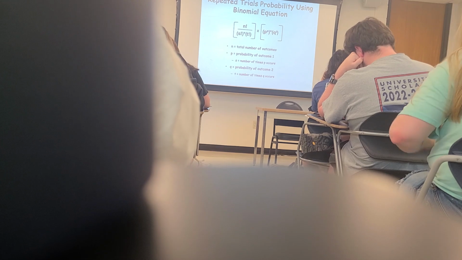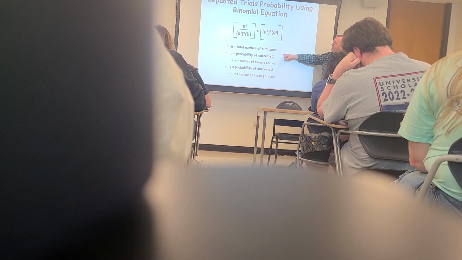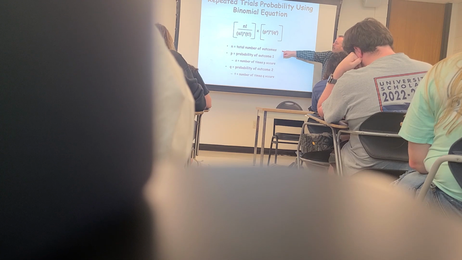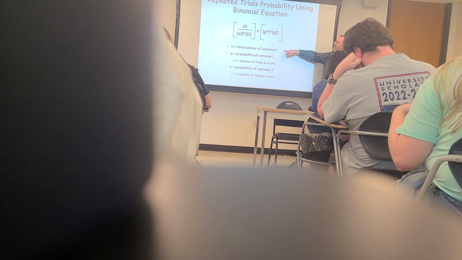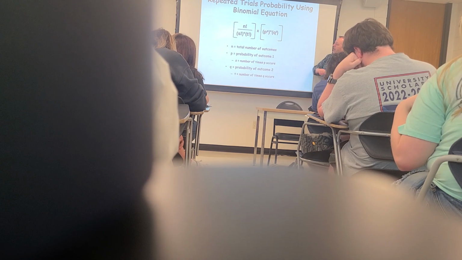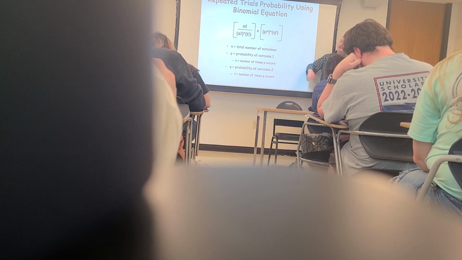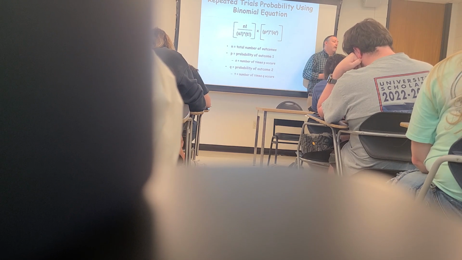But as you see here, we have P plus Q, we have S and T and N, and each of them are defined down here. N is the number of outcomes, so that's a pretty easy thing to look at. It's the total number of things that are possible. S and T are numbers of times that either P or Q occurs. P and S have to be linked together. Q and T also have to be linked together.